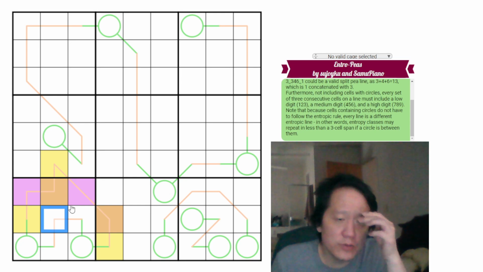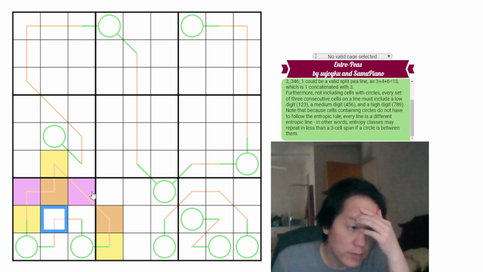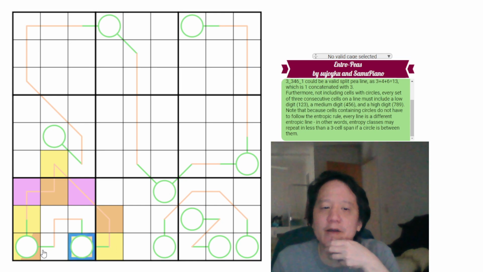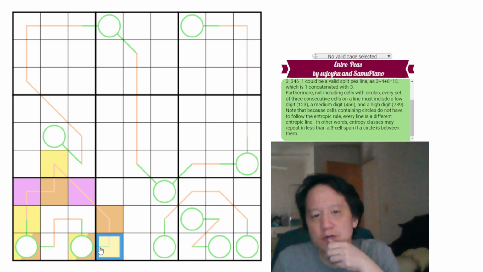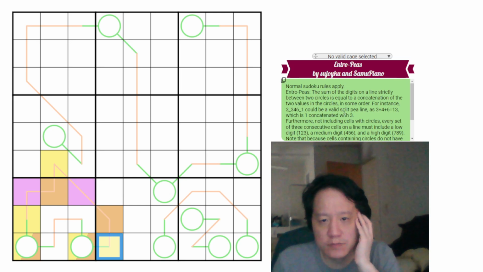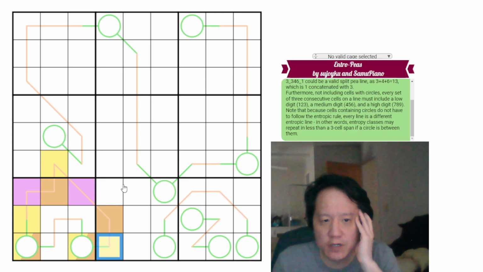Okay, so we know then there's already a pink here, there's already a yellow here, there's already an orange here. So this has to be yellow or orange. This has to be yellow or orange. And there's at least one of each. Good question.